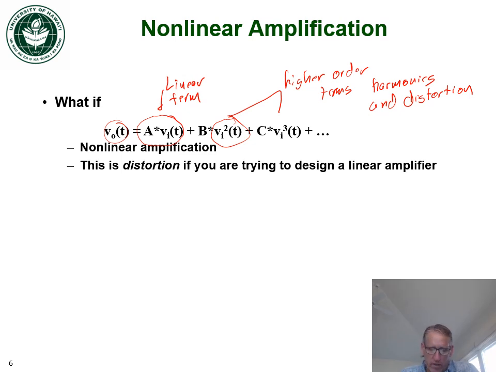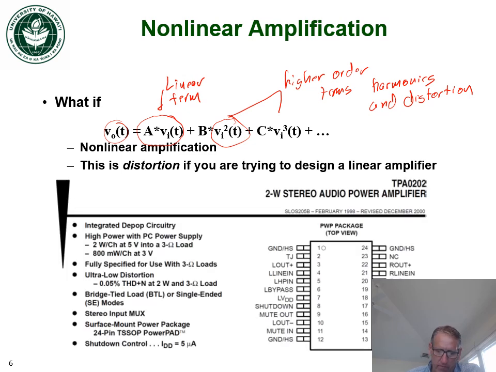If you look at a data sheet, for example, here's an example of a data sheet for an amplifier. This is a 2-watt stereo audio amplifier. You can see they specify ultra low distortion, and it talks about the total THD, which is the total harmonic distortion plus noise, being 0.05%.